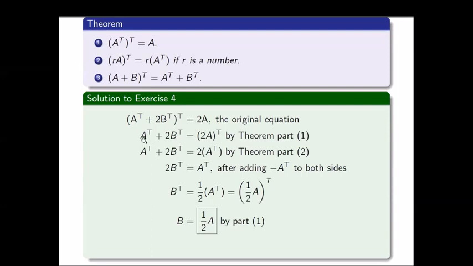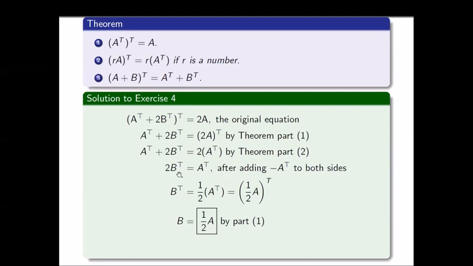So we get back the thing without the outer transpose. We can pull this 2 out in the next step by the second part of the theorem, because 2 is a constant. So we have A transpose plus 2B transpose equal to 2A transpose. And then we can subtract A transpose from both sides.